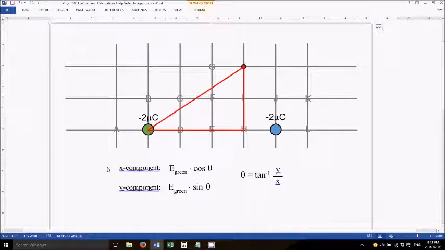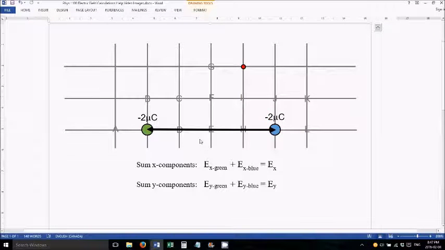Next, you'll need to find the x and y components of the electric field for one of these charges. And in order to do that, you'll need to find the angle that the field makes with the x-axis. To do that, you use a little bit of trigonometry to get your angle theta. Then you do it again for the other charge. You calculate the x and y components of the electric field. In order to do that, you need to get the angle.